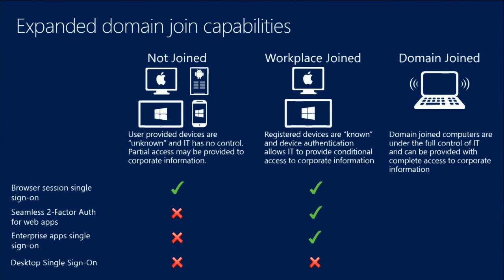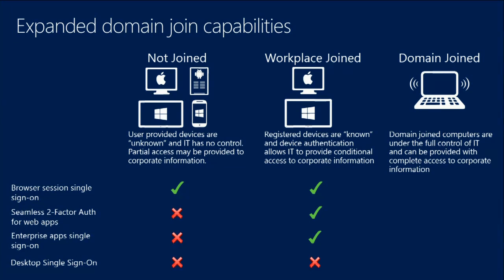With the new Workplace Join capability that we've introduced with Windows 8.1 and Windows Server 2012 R2, I get a few additional capabilities. I still have this browser session single sign-on. This is what we call the lowest common denominator approach. I'm going to have that across all of these. But as I join a machine with Workplace Join, I also get two-factor authentication capability.